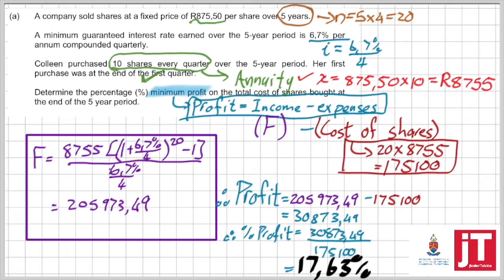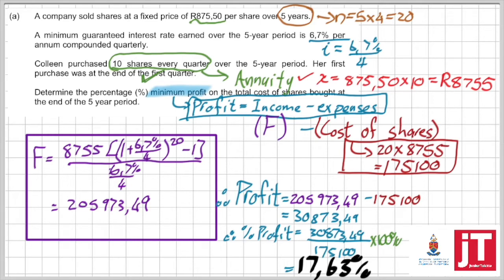So in other words, the 30,873 Rand and 49 cents over how much it actually cost them, 175,100. But now, let us not forget we've got to times by 100%. If I times it by that 100%, then I get 17.63%.